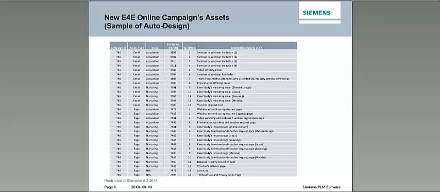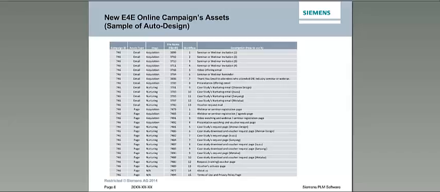This list is just to give you an overview that one campaign contains different assets like emails and pages and web forms to run the campaign as a service. So one campaign has a set like this: emails for acquisition, emails for nurturing, pages for acquisition, and pages for nurturing.